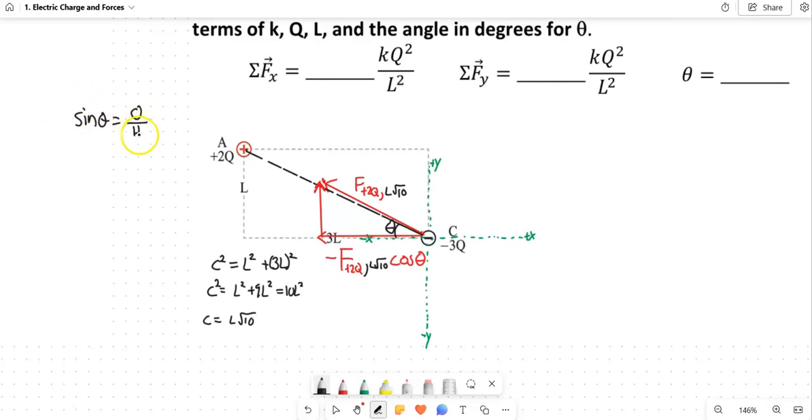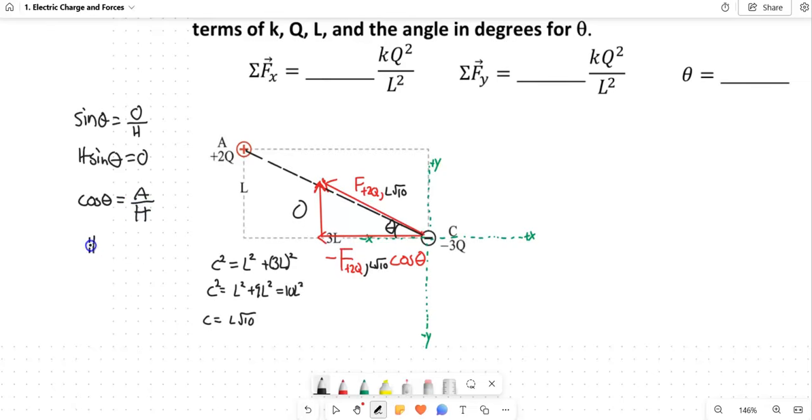When we multiply both sides by the hypotenuse, you get H sine of theta, which is the opposite side to theta. Cosine of theta is the adjacent side over the hypotenuse.